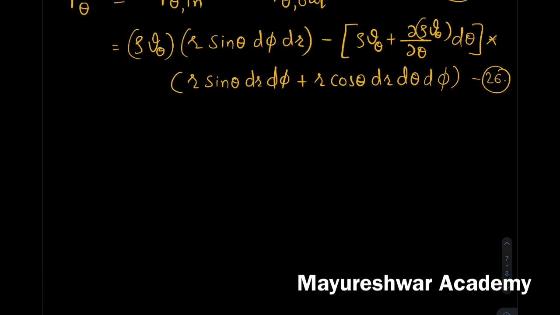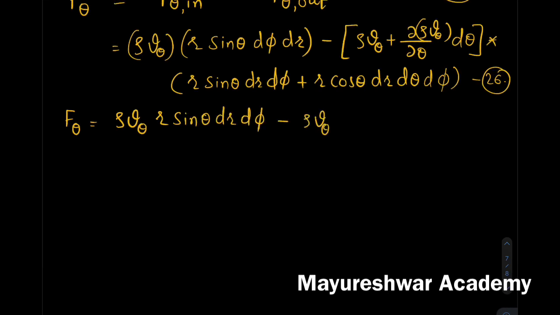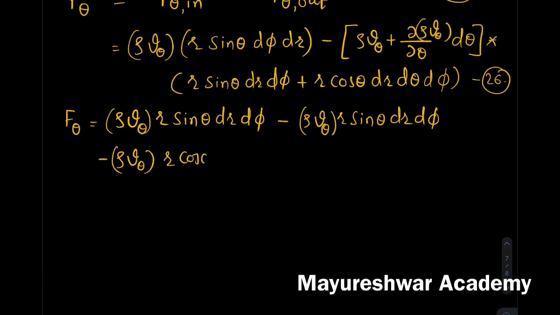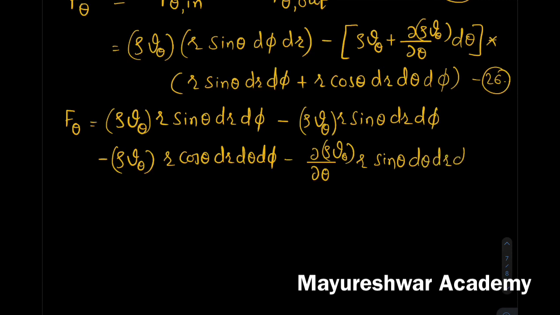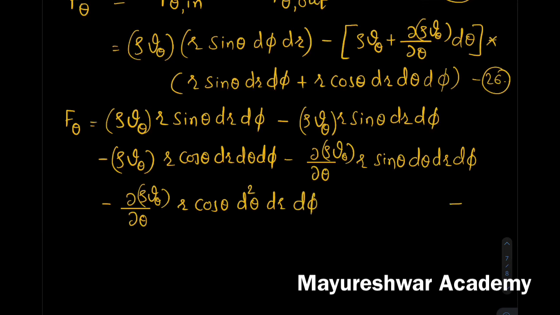Okay, so now let us expand all the terms. The first term is as it is, rho v theta r sine theta d phi dr, minus rho v theta into r sine theta dr d phi, so that is the first term from the area side, minus rho v theta into r cos theta dr d theta d phi, minus partial over partial theta of rho v theta r sine theta d theta dr d phi, minus partial over partial theta of rho v theta r cos theta d theta squared dr d phi. Again, the first two terms will go off and the d theta squared term will be 0.